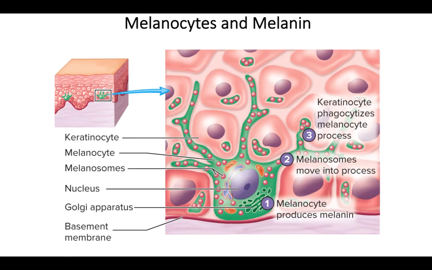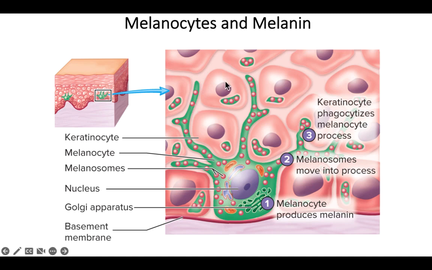Okay, this is our little drawing showing the melanin production of a melanocyte. So notice where we are. This is the basement membrane. The melanocytes sit in that first stratum basale. They produce melanin, so they use the ER and the Golgi to produce melanin in these little melanosomes, which are basically little vesicles containing the pigment.